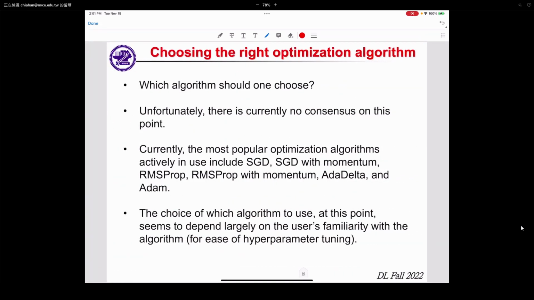So which algorithm should you choose? If you are not working in this area, then you will probably just choose Adam or SGD. You still find that some papers use the basic SGD, or Adam. If you don't know which one to choose, choose Adam. But that really depends on your personal preference.